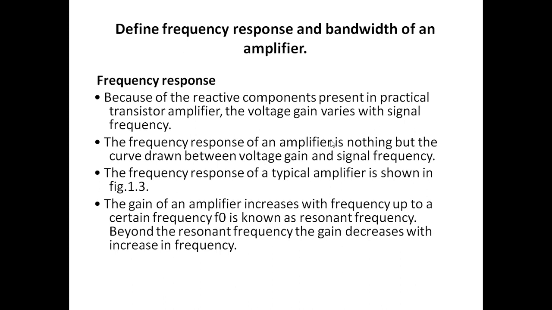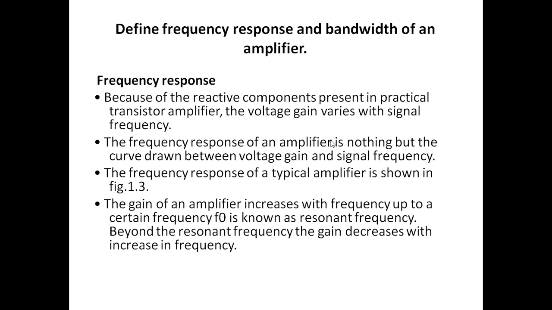Next, current gain. It is defined as the ratio of output current to the input current. Next, input impedance, which is measured across the input terminals. Therefore, the ratio of input voltage to the input current is nothing but input resistance or input impedance.